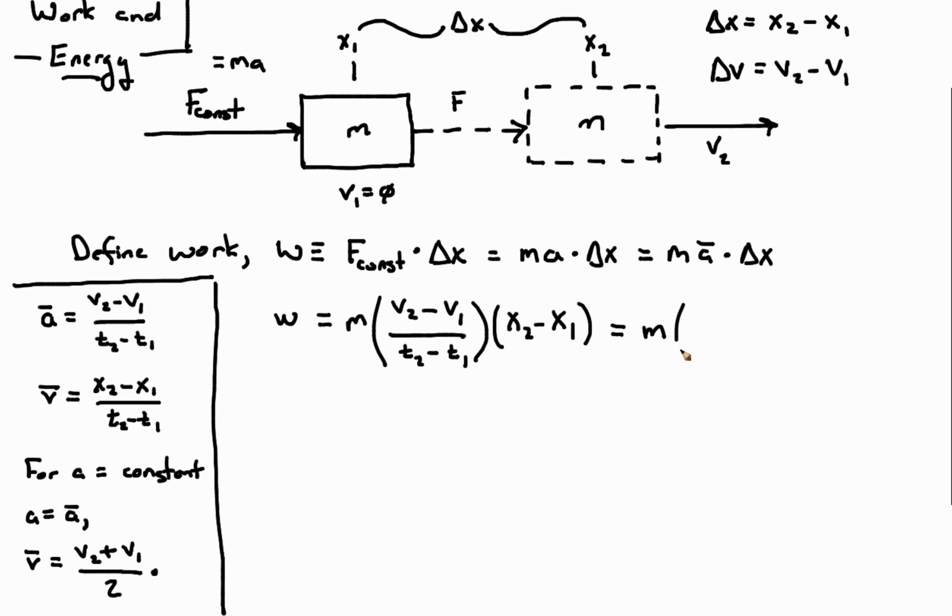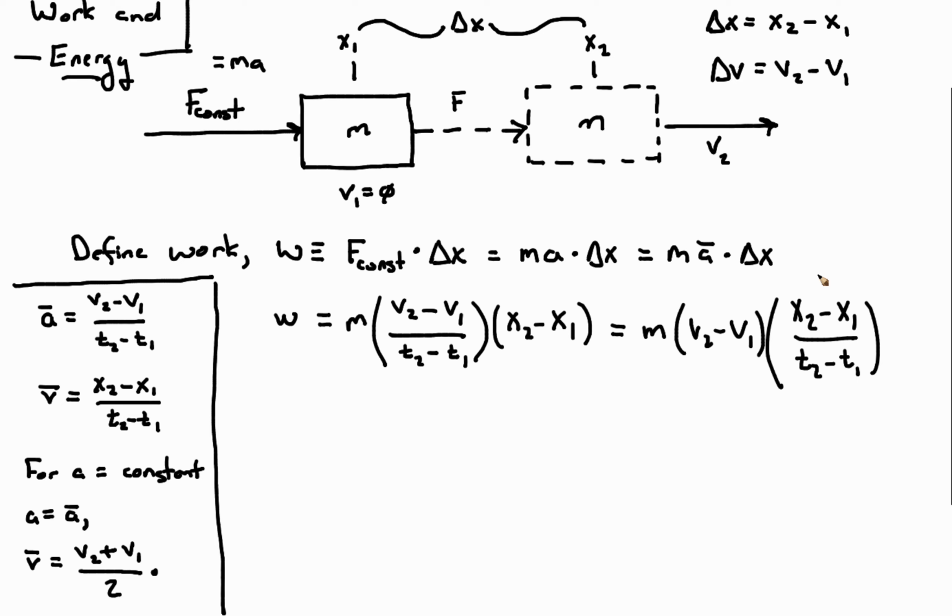We're going to say that this is the mass times v2 minus v1 times now x2 minus x1 divided by t2 minus t1. Again, it doesn't matter what order we do the division in. We can do the multiplication, then the division, and then this next multiplication, or we can do multiplication, multiplication, and then the division. That's a property of multiplication and division that the order doesn't matter.